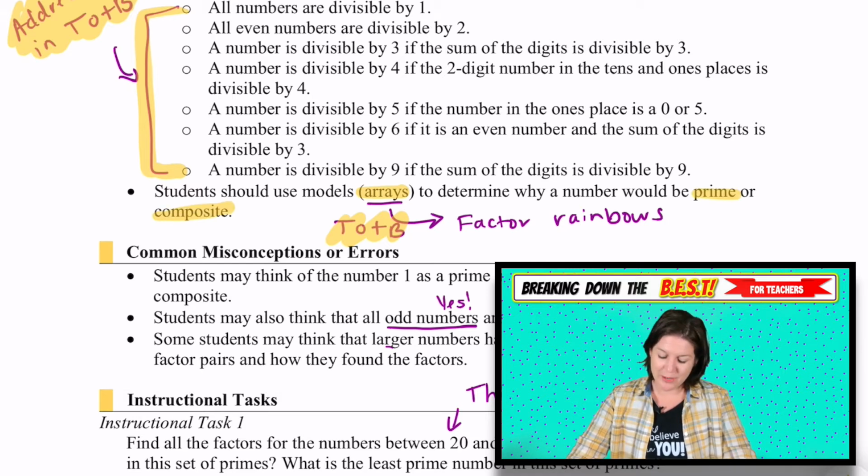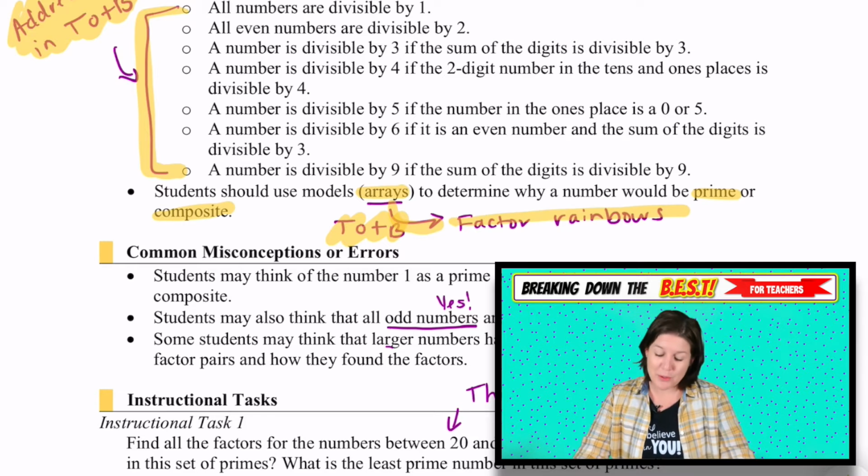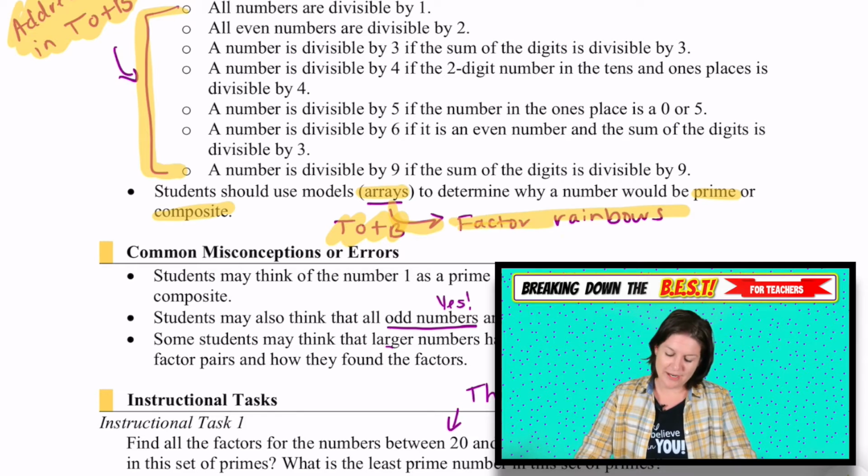And I'm also a big fan of factor rainbows. If you have not ever used a factor rainbow to find factors of numbers, you're missing out. But not for long, because I totally have some video lessons that go over factor rainbows. I actually learned this in my 5th year of teaching or something like that.